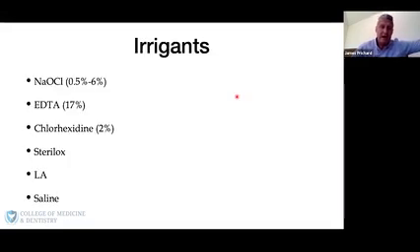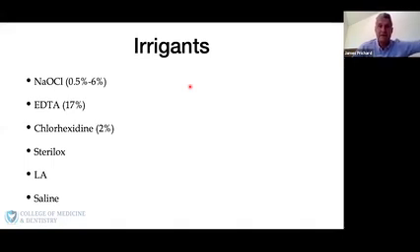So when we're looking at our endodontic irrigants, our current irrigating systems have required us to use more than one endodontic irrigant to achieve our goals of antimicrobial effect, debris removal, and prevention or removal of smear layer. And this means that we have to have multiple processes during our endodontic treatments.